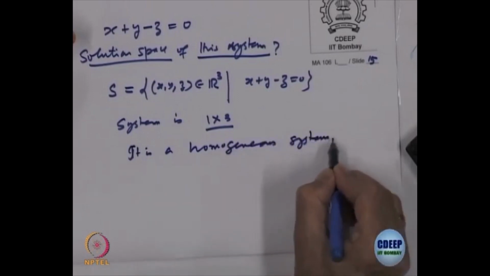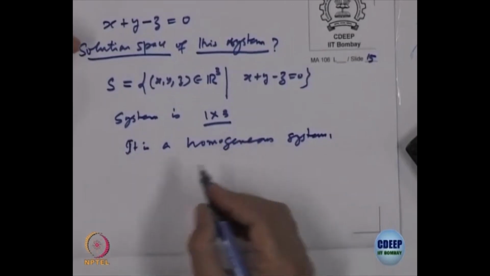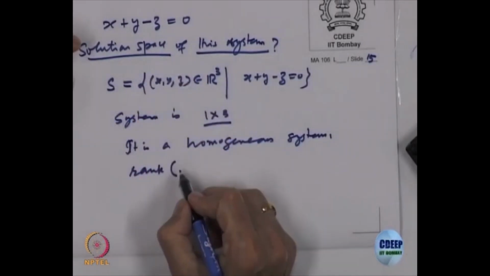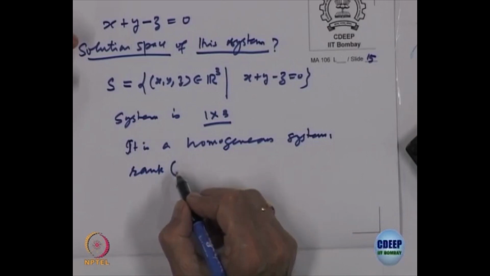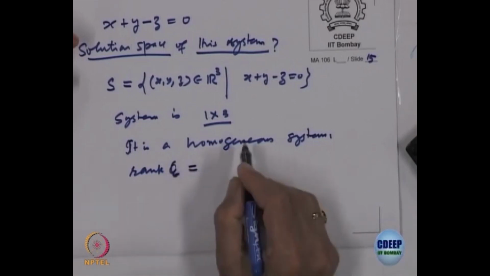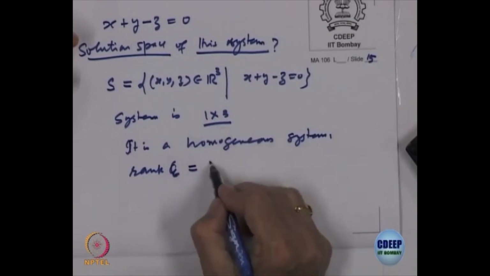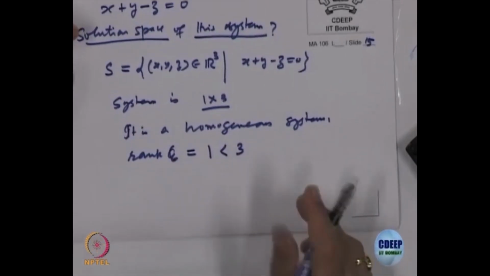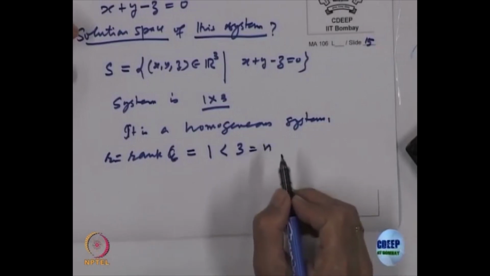What is the rank of the system? How many pivots are there? 1, which is less than 3, the number of variables n. So, the rank r is less than n.